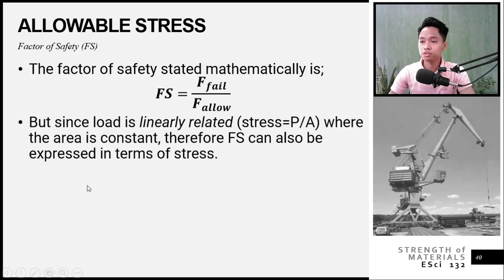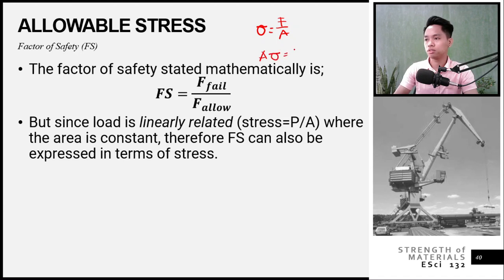But since load is linearly related, because stress is equal to force over area, sigma equals F over A, so if stress increases, force increases, because they are linearly related.